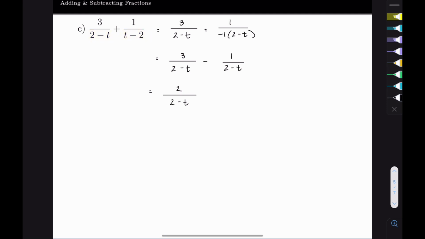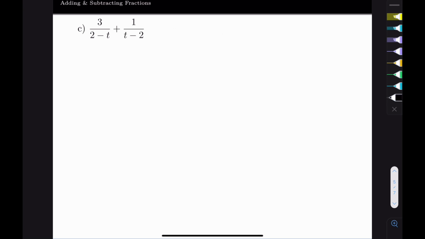So just for completeness, let's go ahead and do it the other way. Let's make all this stuff disappear. Another way we can do this is, from the first fraction, we take out a minus sign, and that flips it to t minus 2, which is exactly what the second expression is.